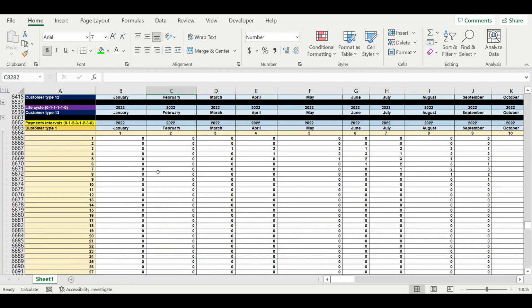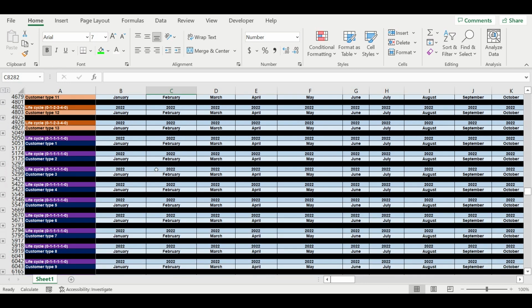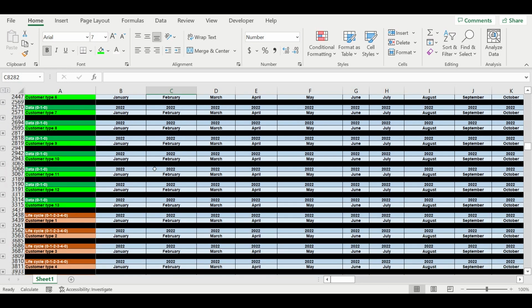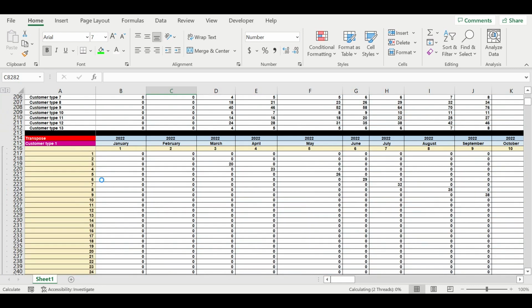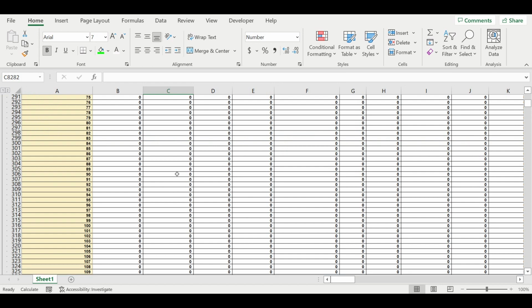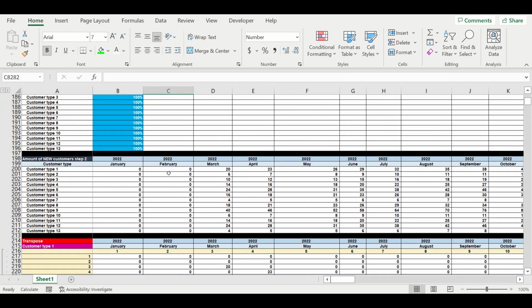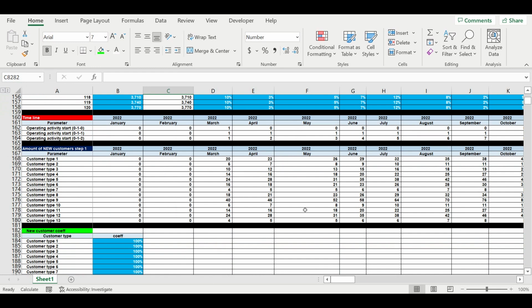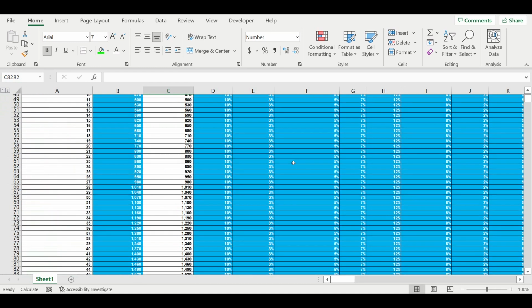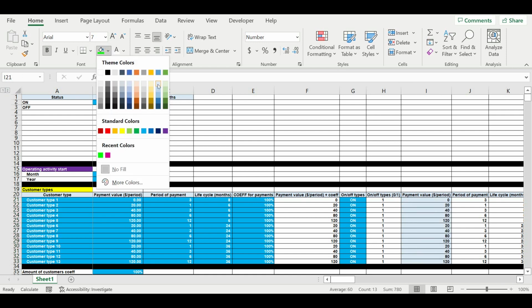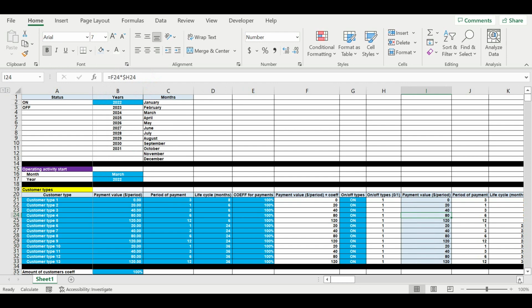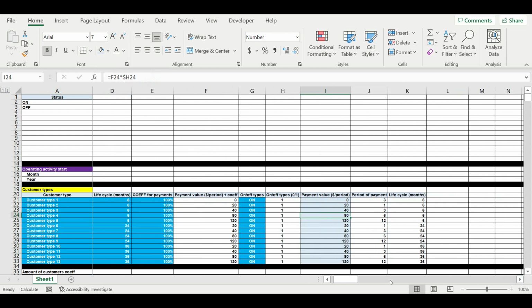We will need the transpose table, and we will need the payment value. Payment value will be this. So let's start.